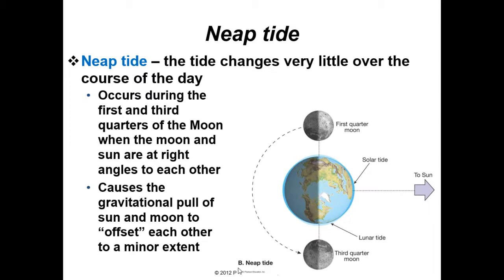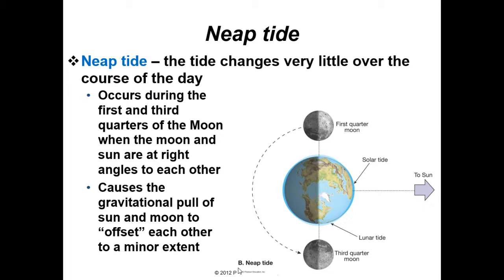Now, neap tide. This occurs during the first and third quarter moons, when the tide itself changes very little over the course of the day, because the moon and the sun are at right angles to each other with the Earth in the middle.